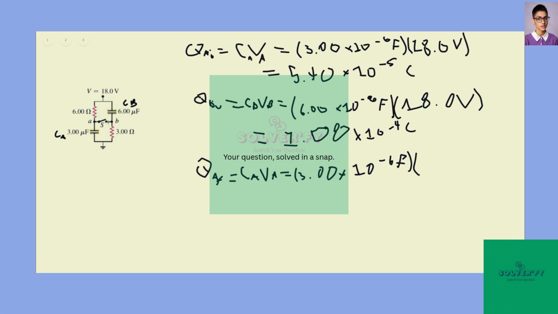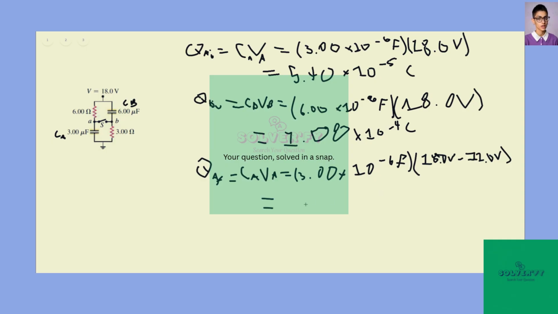The voltage drop across the other is going to be 12 volts, because you have 18 volts total. So the voltage across this capacitor is going to be 18.0 volts minus 12 volts, which is the voltage drop across this resistor, which is just 6 volts.